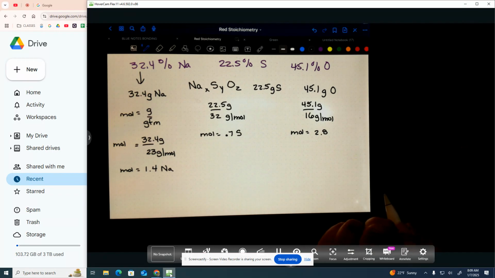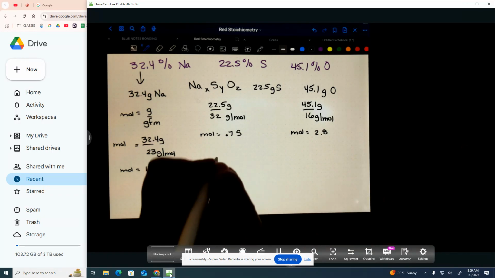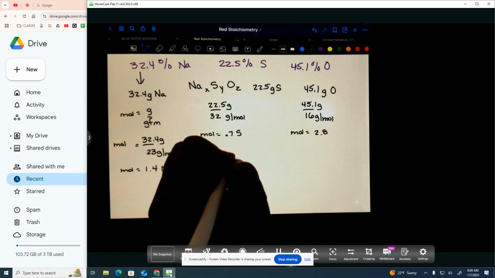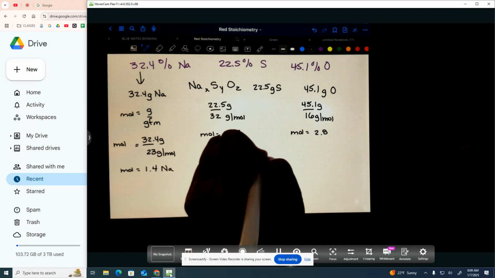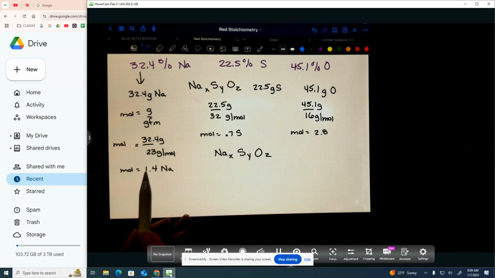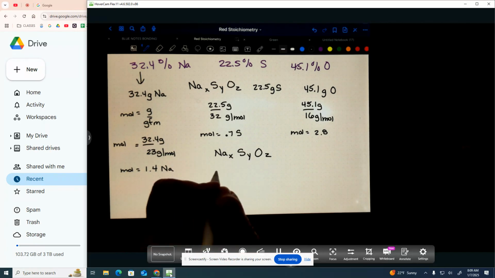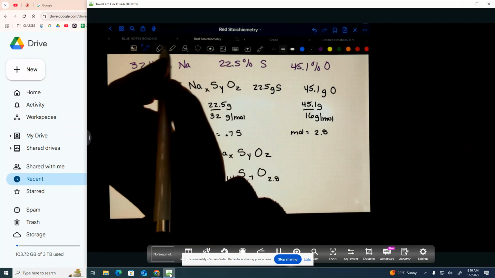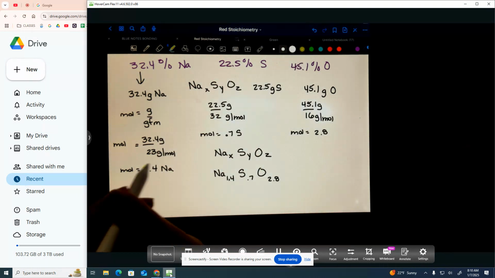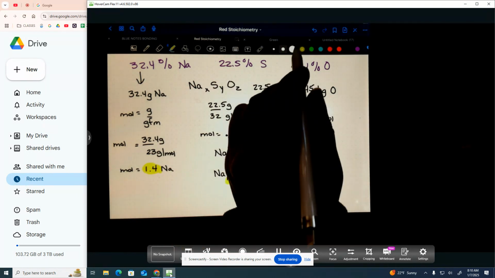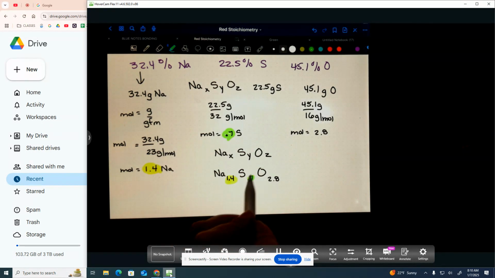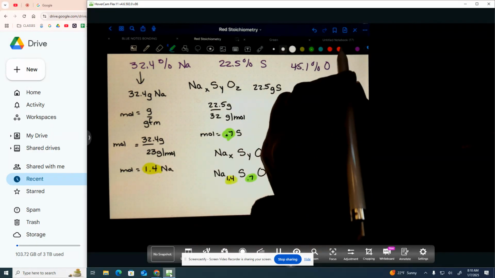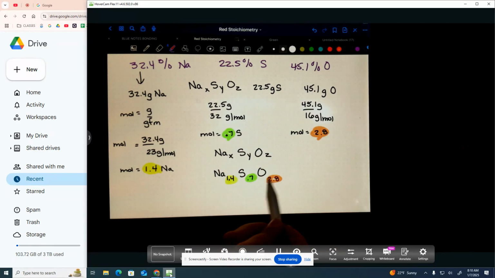Okay? All right, now we've got NaXSYOZ. Na, we know the X is going to be 1.4. S, we know it's going to be 0.7. And O, we know it's going to be 2.8.